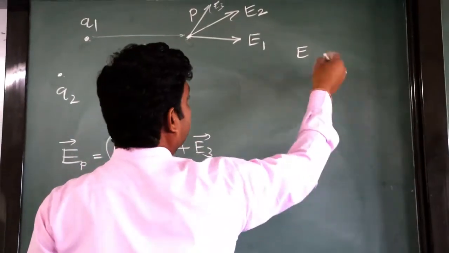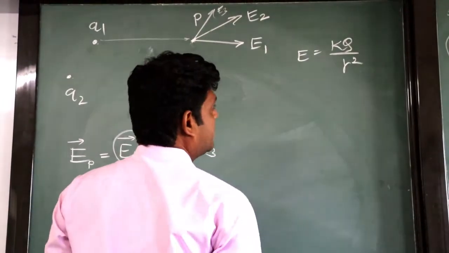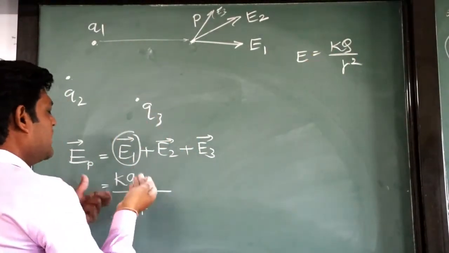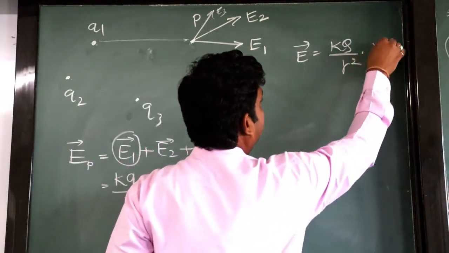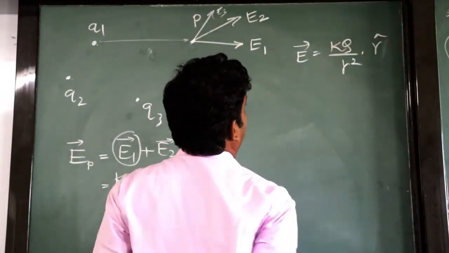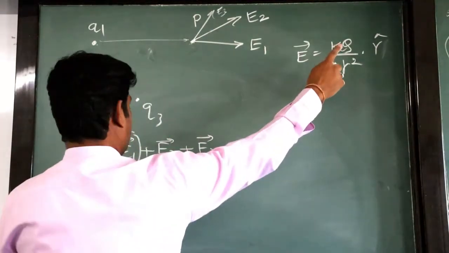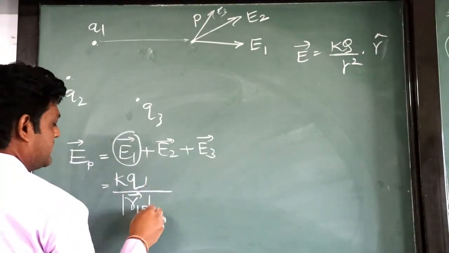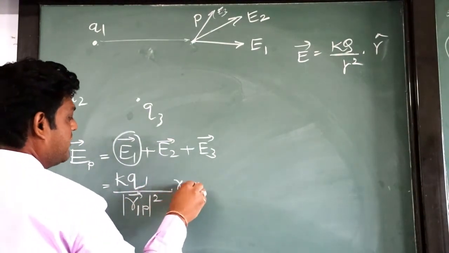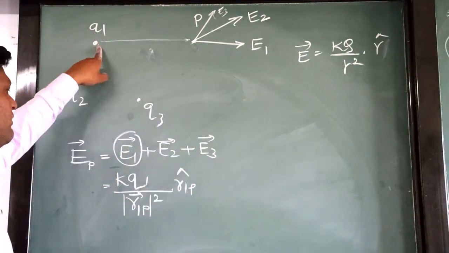Just we studied, E equal to K Q by R squared. This is a simple form. Here we are using a vector form. So for the vector form, E vector equals, that we will write like this, R cap. So here K Q1 divided by mod R1P squared into R1P cap. This is the electric field at point P due to the Q1.